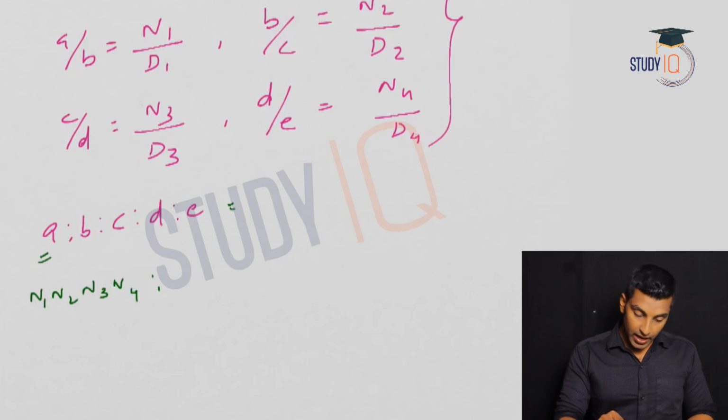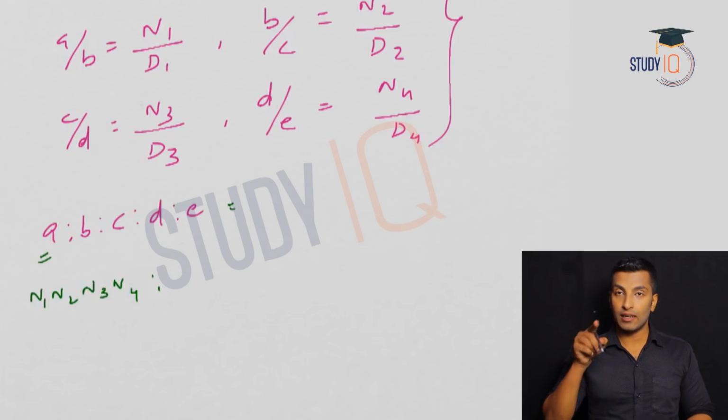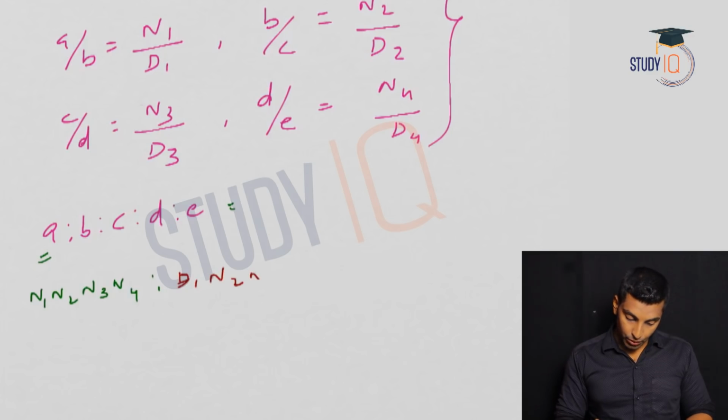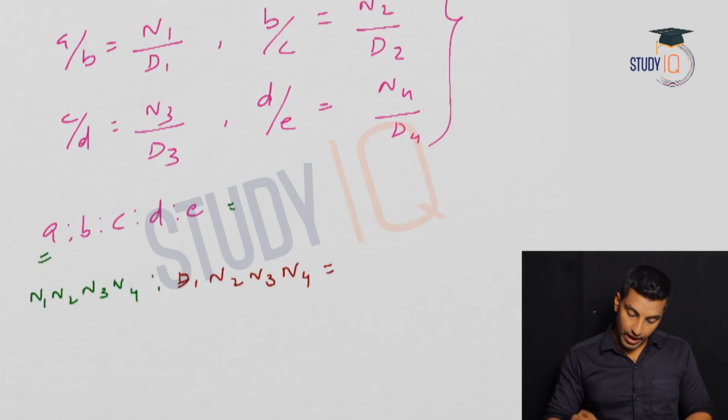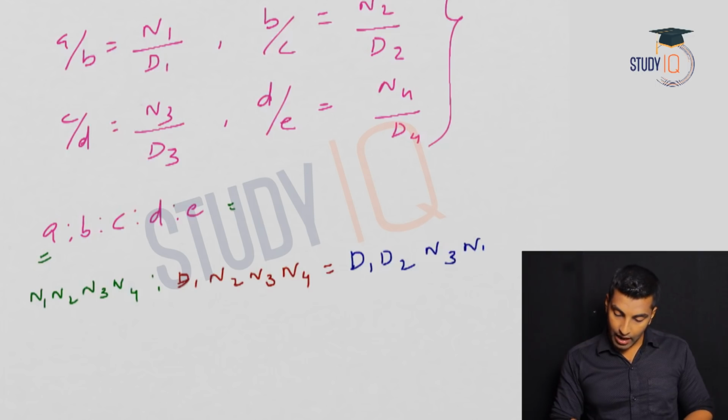Now B, how will you write? First denominator, that is D1, then all the numerators, N2, N3, N4. Now how will you write C? First 2 denominators, so D1, D2, N3, N4.